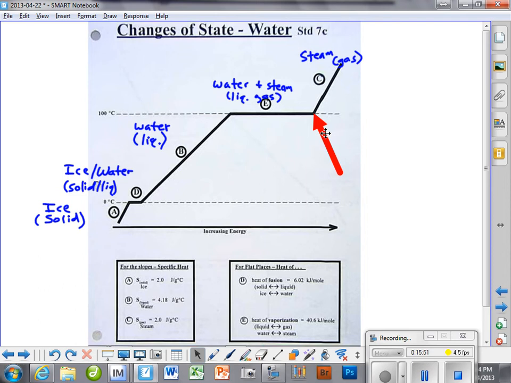Now that changed, because as we got from here, when the water started boiling, to over here where the water was all gone, the temperature started going up. And the temperature got up high enough that it melted the aluminum on the bottom of my pot.